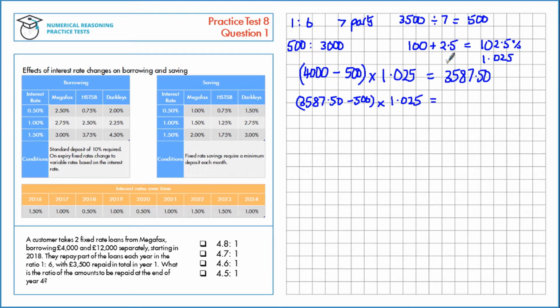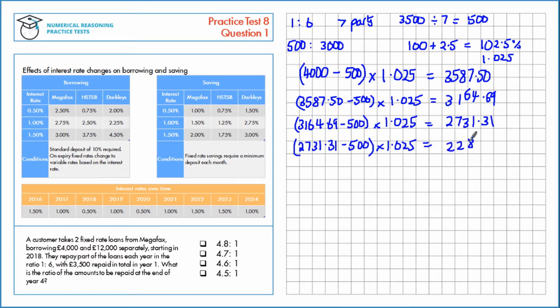And so on. We'll do this for 4 years. So after 4 years, this is the amount that's remaining to be repaid.